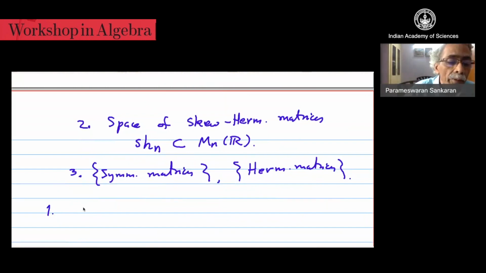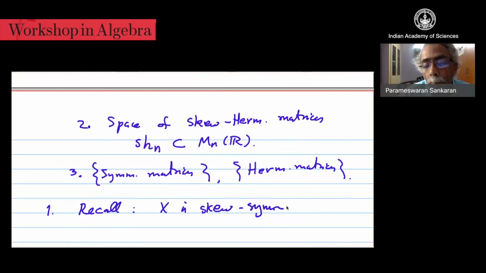Recall, X is skew symmetric if X transpose is minus X. X transpose equal to minus X.